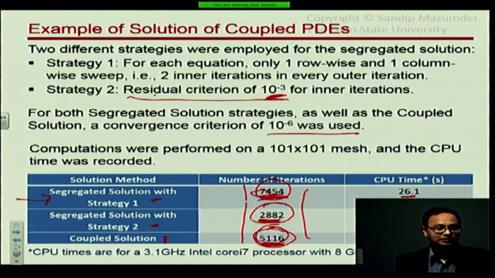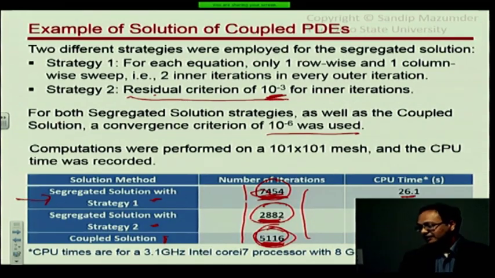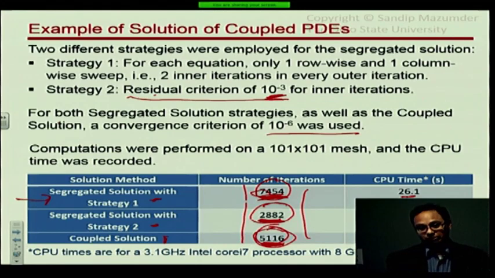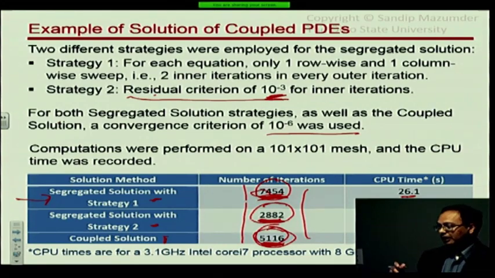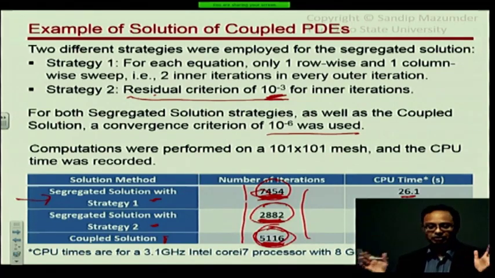So overall iteration count is often what people emphasize, which may suggest that even this could be better compared to that one for some problems. But the take-home message I'm trying to send is that it's very, very problem dependent.